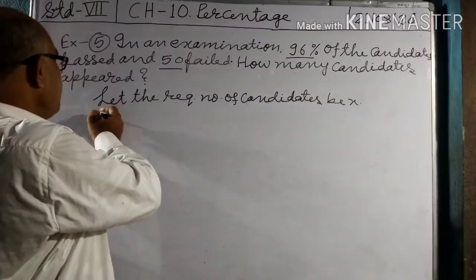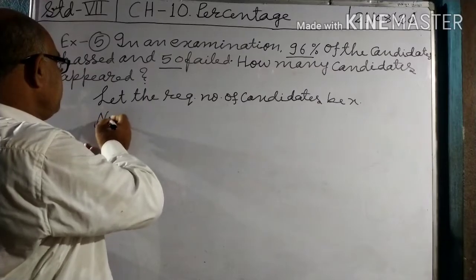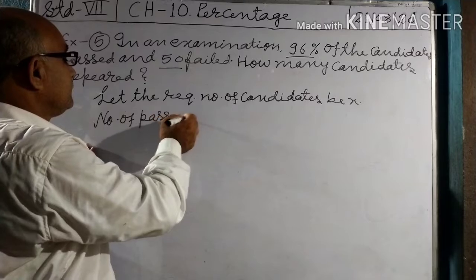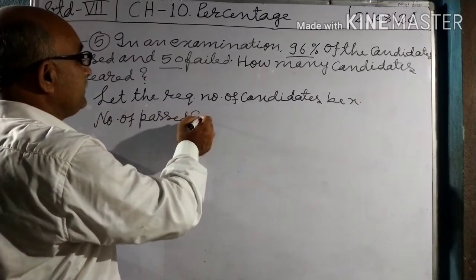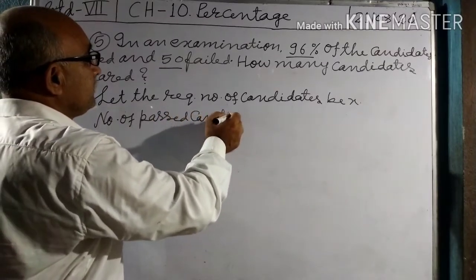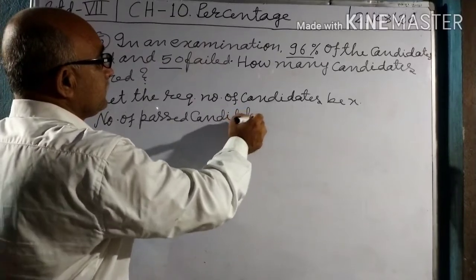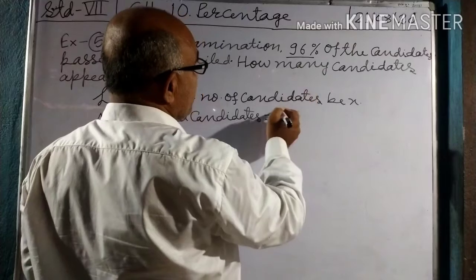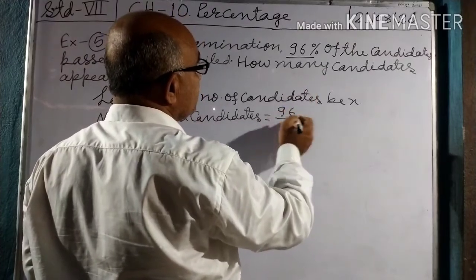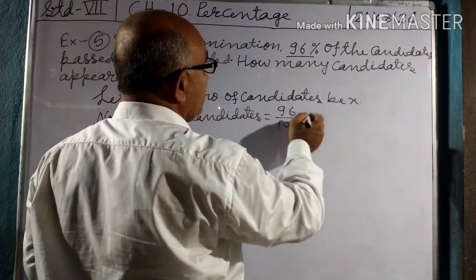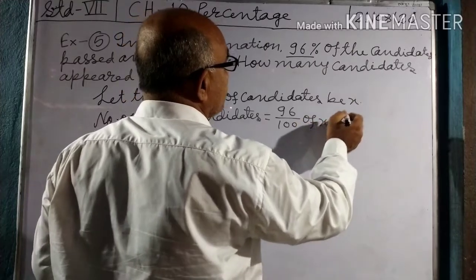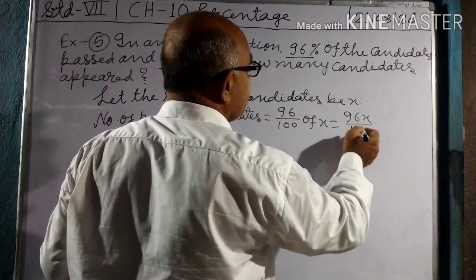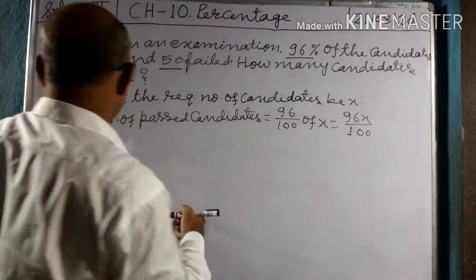Number of passed candidates, 96%. So 96 by 100 of x equal to 96x by 100.